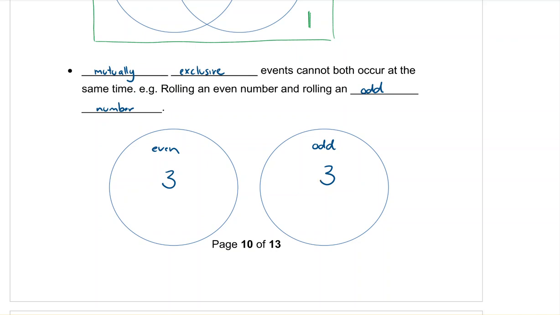Okay? You could write down what they are if you like. So the even numbers are 2, 4, and 6 on our dice. And the odd numbers are 1, 3, and 5. No numbers that overlap. That is mutually exclusive. Okay, remember that word.